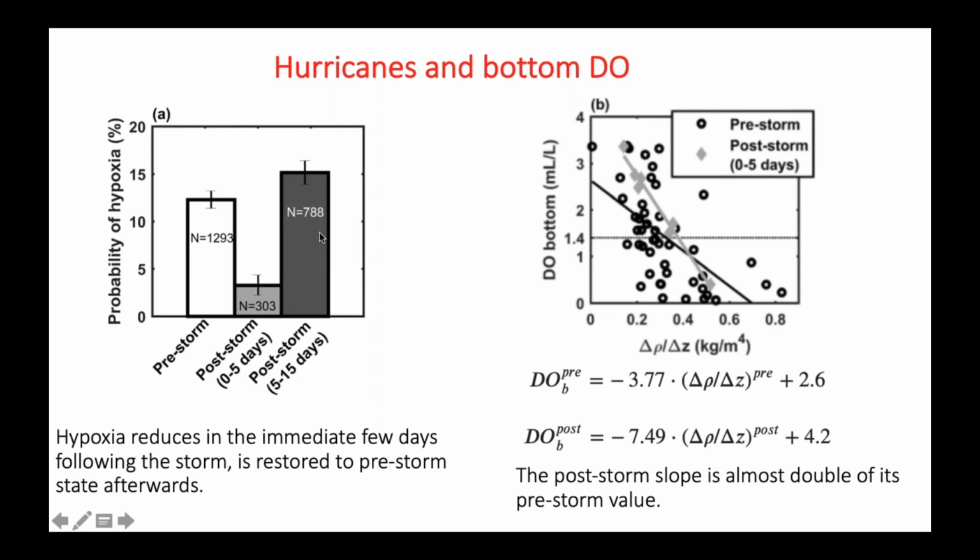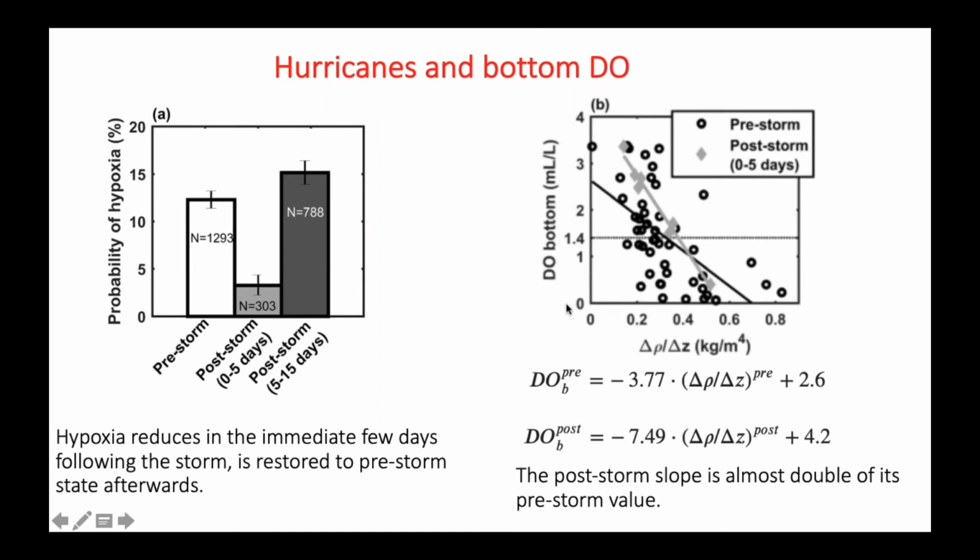So the period of interest for us is this initial post-storm period of 0 to 5 days. This is immediately after the storm, before the flood from the river arrives. So let us focus on this period for the rest of the analysis.